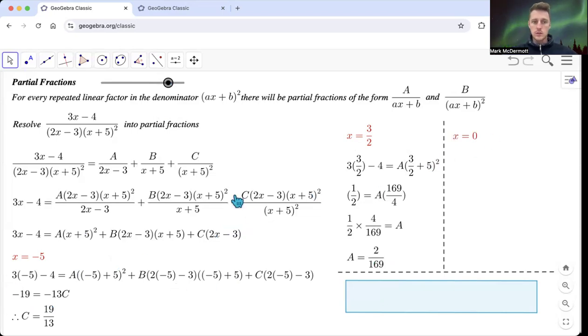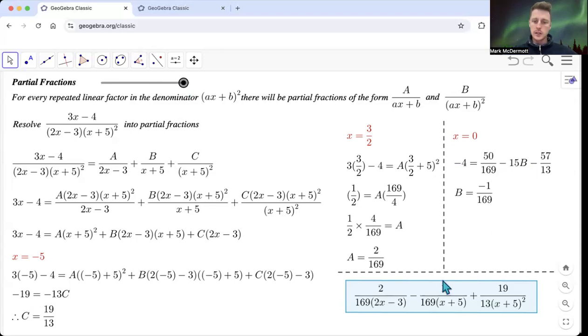If you pick x equals 0, and you get a pen and paper out and work it all out, you'll get something like this as an intermediary step. You'll get the left-hand side being -4. That should make sense. Remember that A is 2 on 169. So this first part will become 50 on 169. You'll get -15B minus 57 on 13. Anyway, I'll leave that to you to work out. But basically, you'll get B equals -1 on 169.